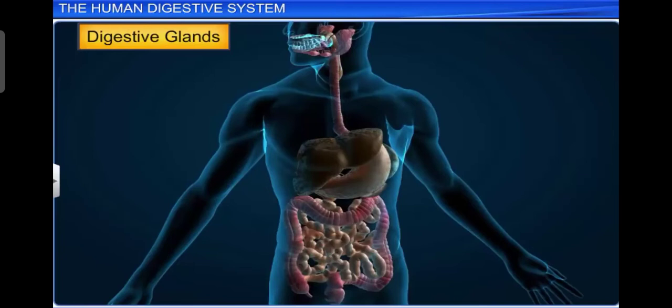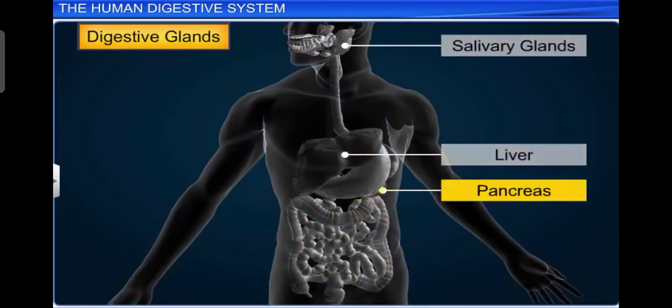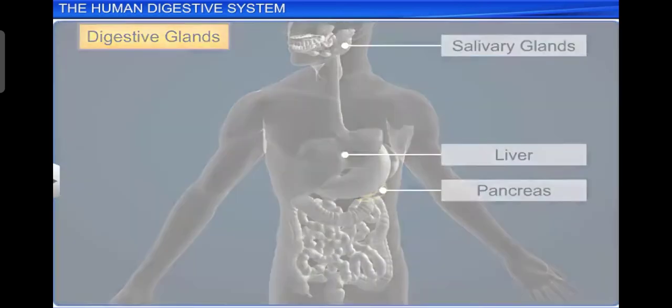The digestive glands associated with the alimentary canal include the salivary glands, the liver, and the pancreas. The liver is also associated with the gallbladder.